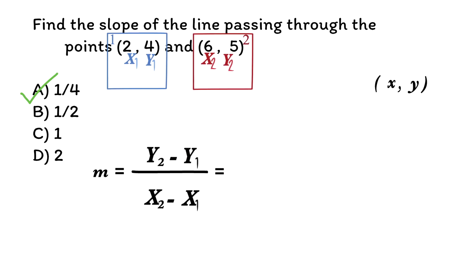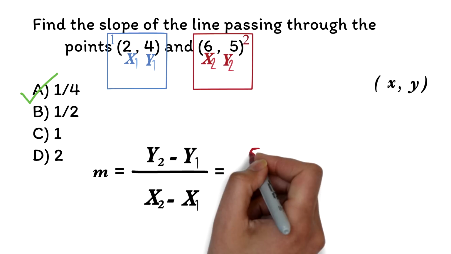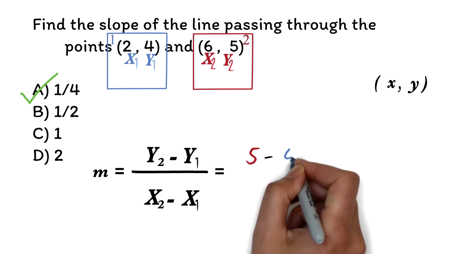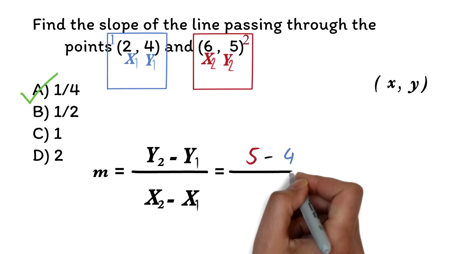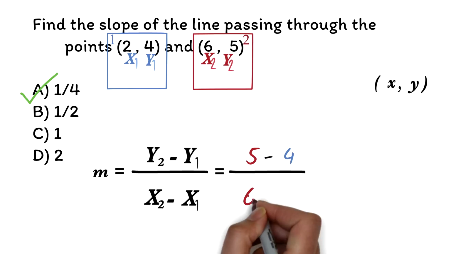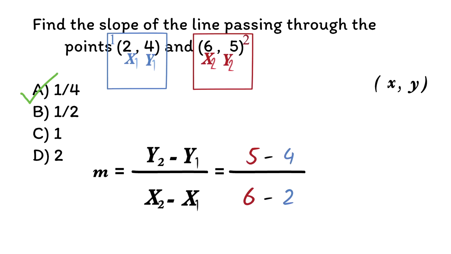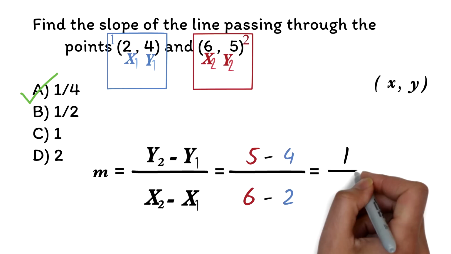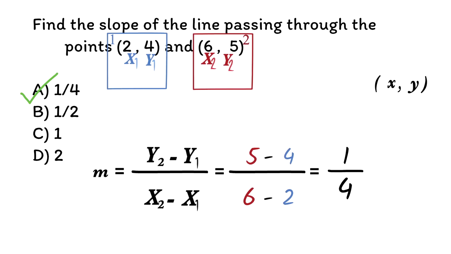We just put the values into the formula. We have 5, which is y2, minus 4, which is y1, divided by 6, which is x2, minus 2, which is x1. We simplify. 5 minus 4 is 1, over 6 minus 2, which is 4. So the slope is 1/4.